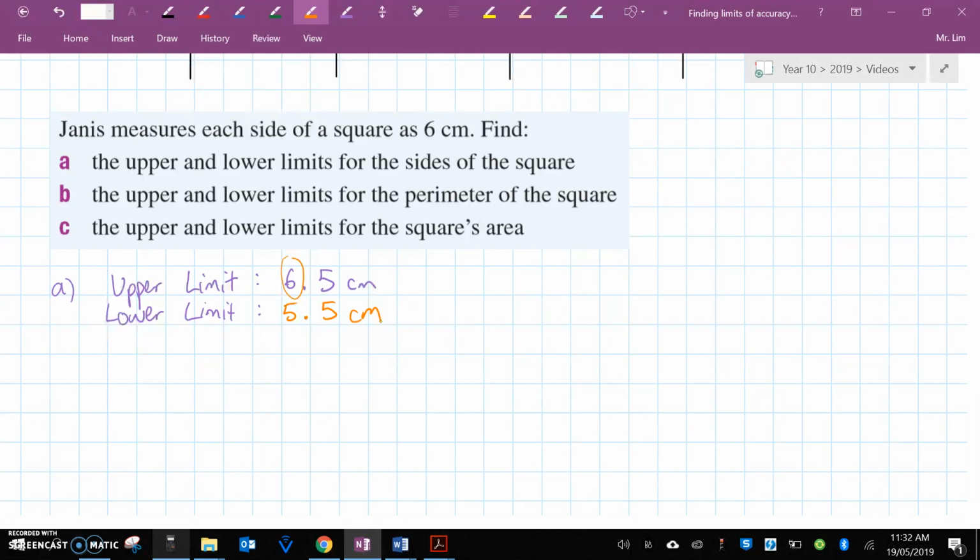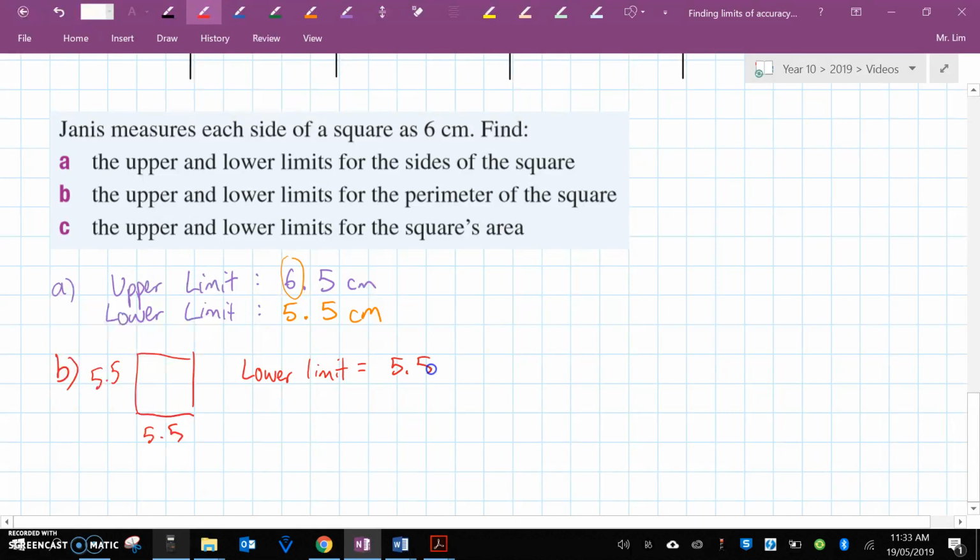So question B requires us to find the upper and lower limits for the perimeter of the square. Well, here's our square. If it is actually 5.5 centimeters all around, then the perimeter, the lower limit for the perimeter is going to be 5.5 times 4.